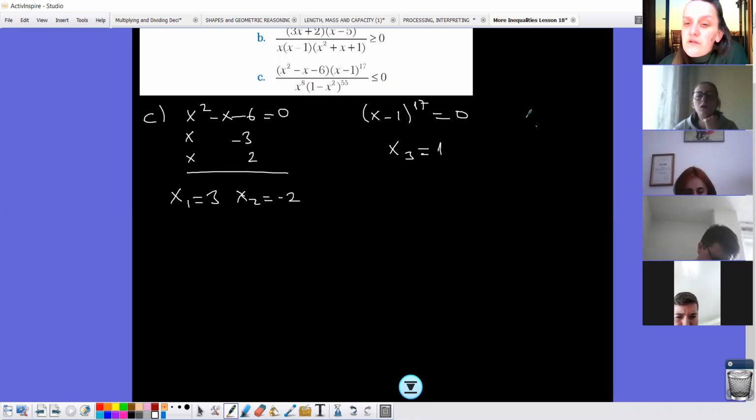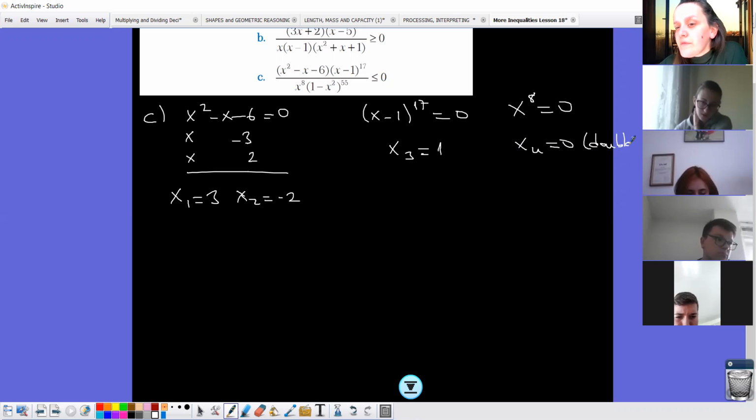For the third one, x to the power of 8 is equal to 0. So x4 is equal to 0. This is a double root, okay? And the last one here, 1 minus x squared to the power of 15 is equal to 0.